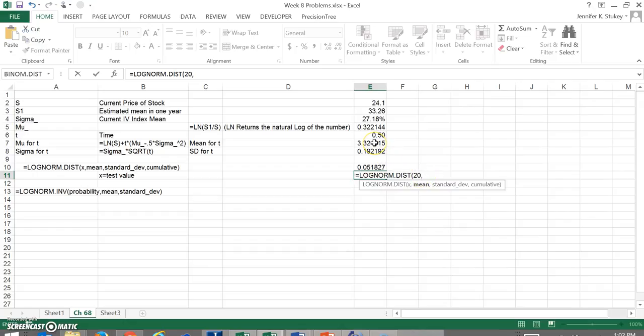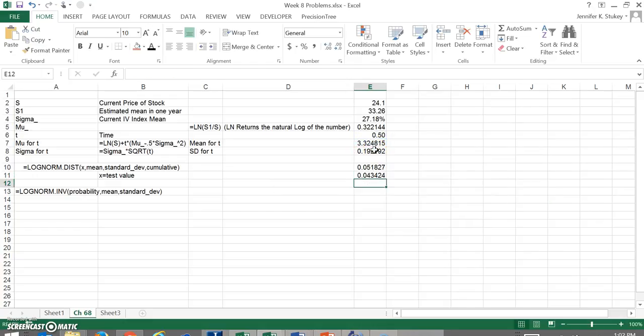Our mean is the same, and so is the standard deviation, and we want true. So there is basically a 4.3% chance that our stock value will be below $20 in 6 months' time.